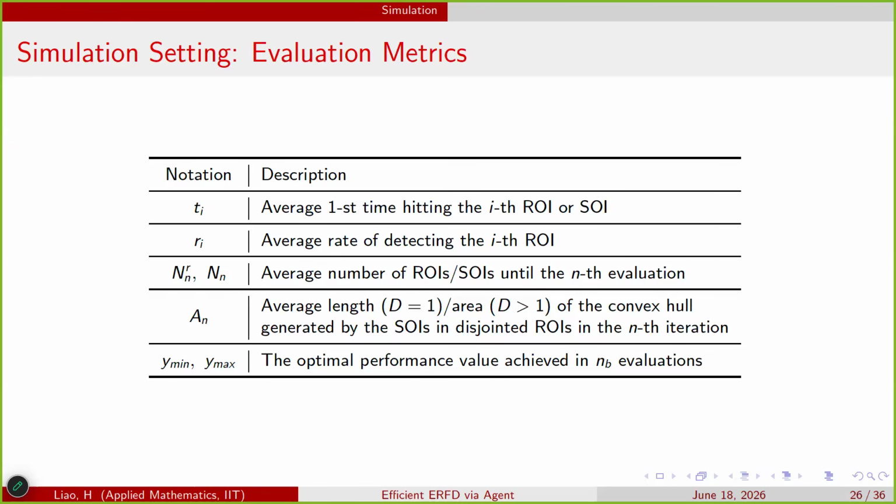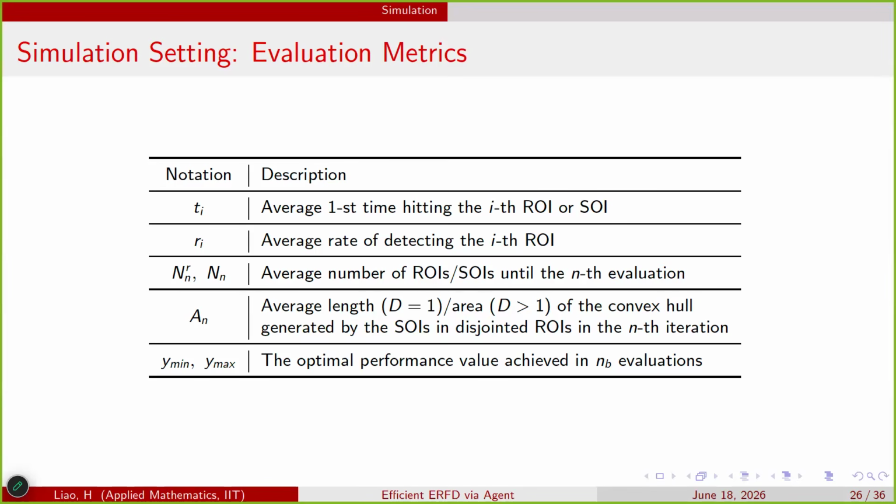And these are the metrics we considered. As I mentioned before, we want it to be as fast as possible, and find as many as possible. So we consider the first hitting time for each region, and also the average rate of detecting the regions, and also the average number of regions of interest or specifications of interest until the nth evaluation. The second one is because for some functions, we don't know the total number of regions.